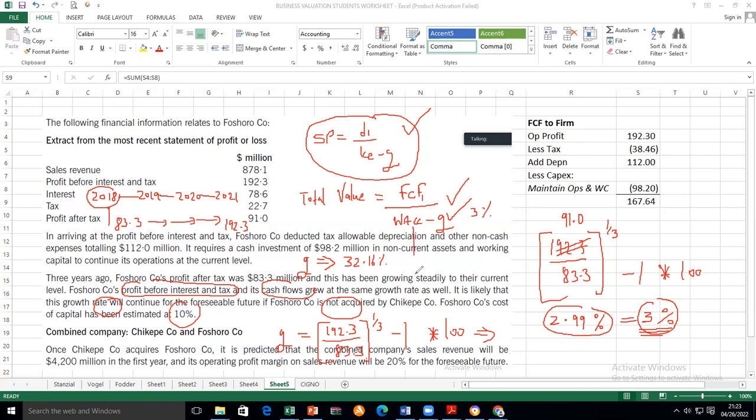We have our cost of capital, 10%. And we have our free cash flow after 1 year, which is this one, brackets, 1.03. So with all these parameters now, we can do our valuation.